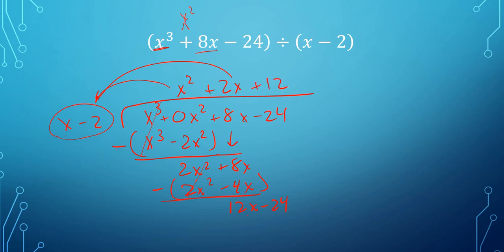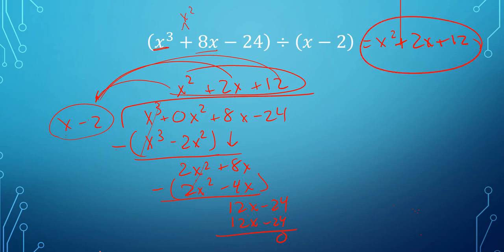X times what gives me 12x? Plus 12. 12 times x, 12 times -2. And this one works out evenly, no remainder. So my solution to this problem is x squared plus 2x plus 12. All right. Again, I know that this is confusing, but we will do some in class.